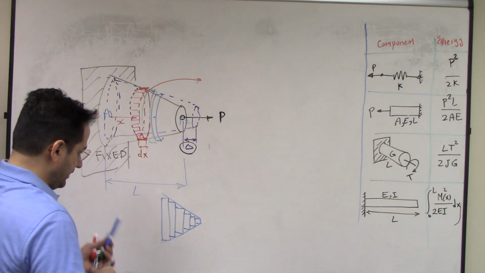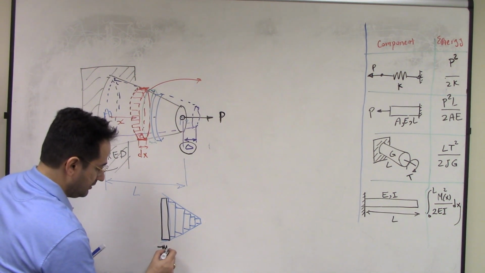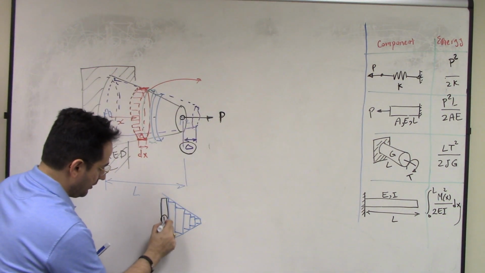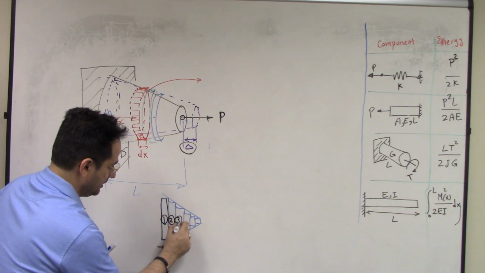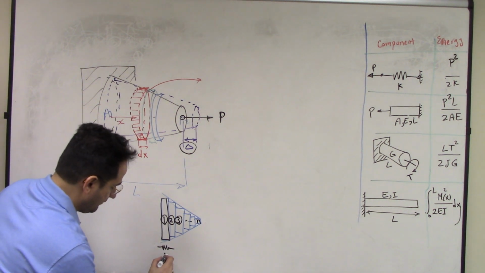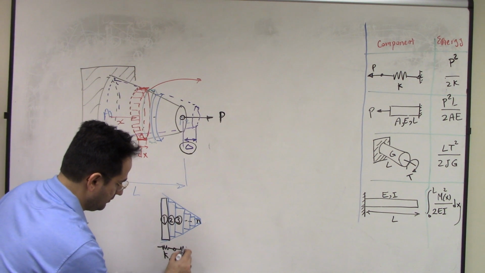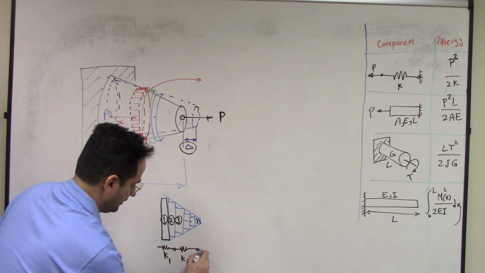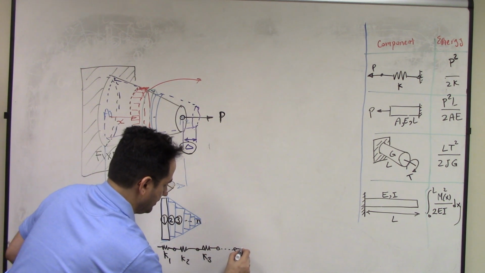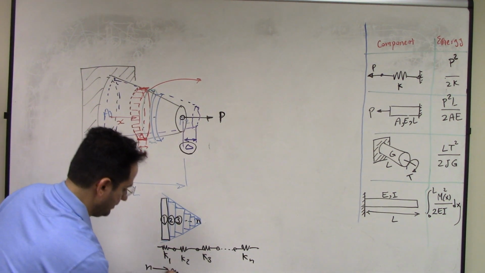Now, if you consider each one of these guys is a spring, right? Because it's a bar, and it acts like a spring. So if this is 1, this is 2, 3, dot, dot, dot, and this is the spring number n, then you have K1, this is spring 1, connected to a spring K2, connected to a spring K3, connected to the spring Kn, when n goes to infinity.